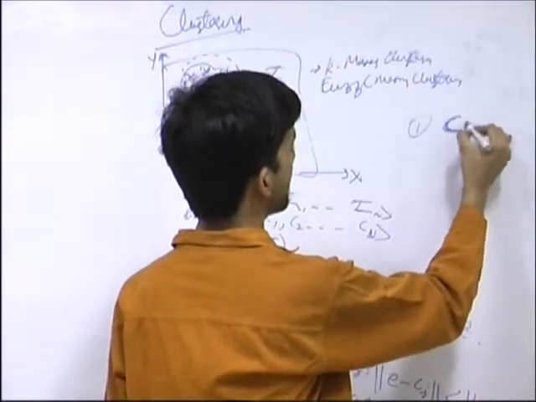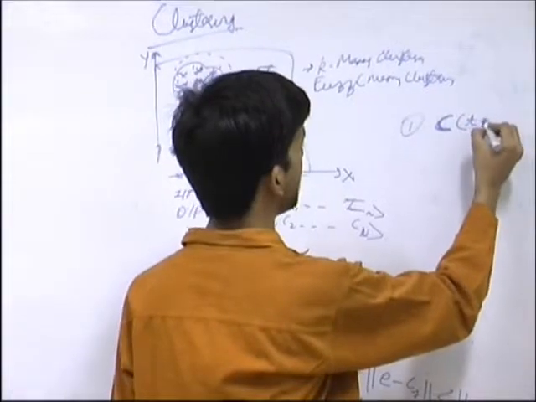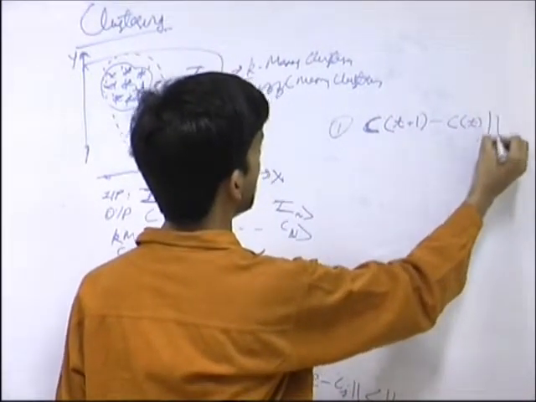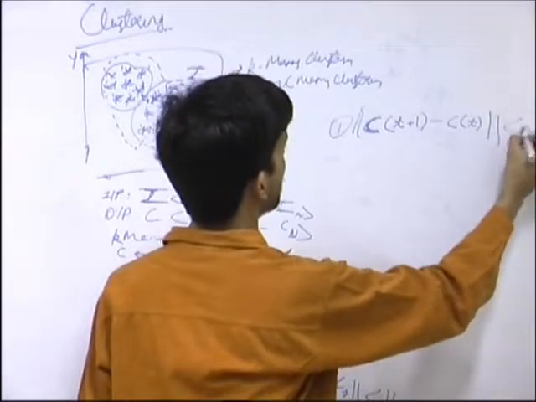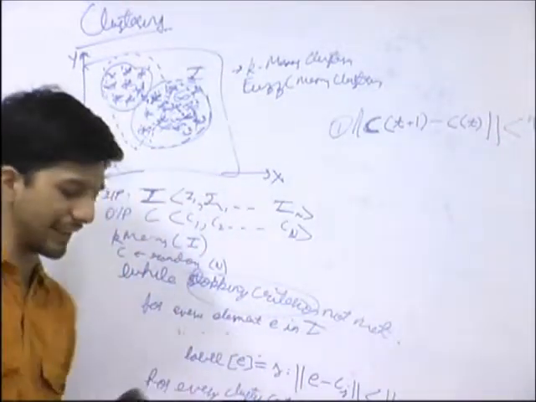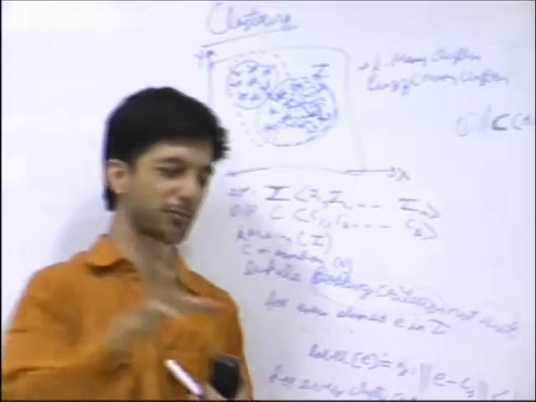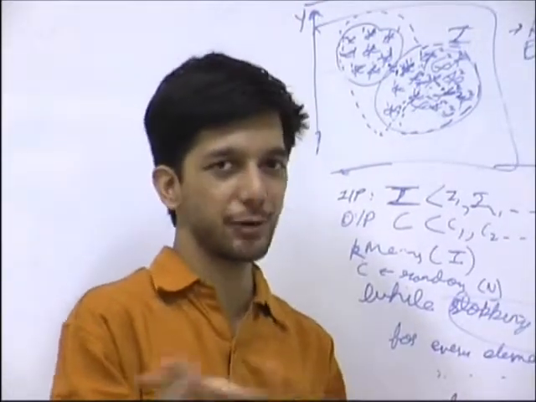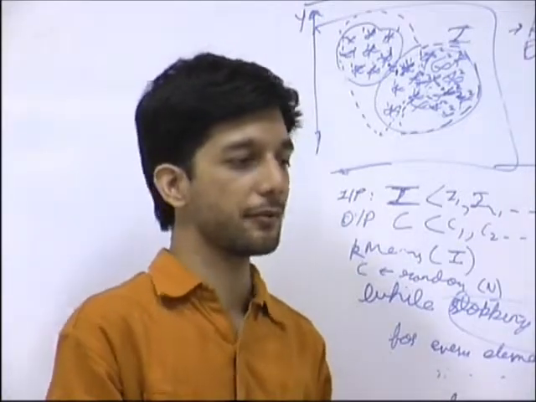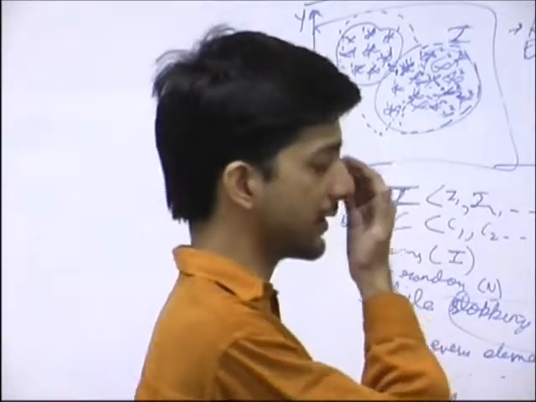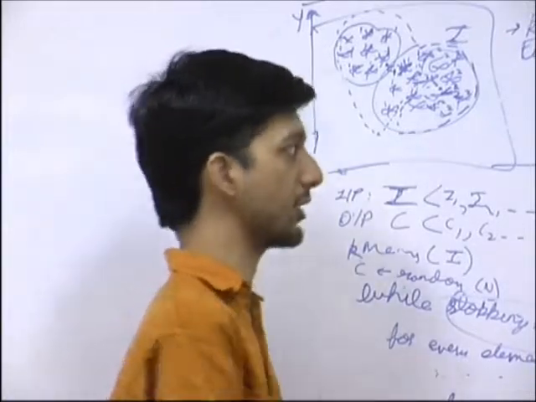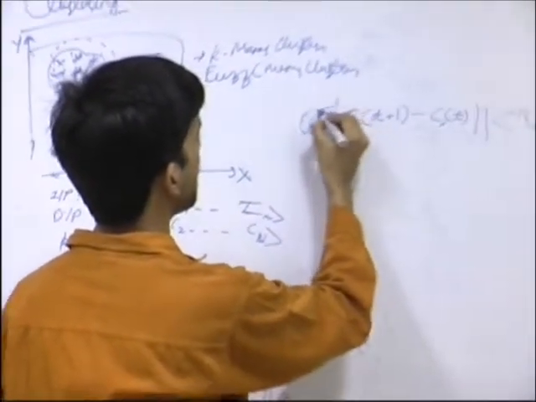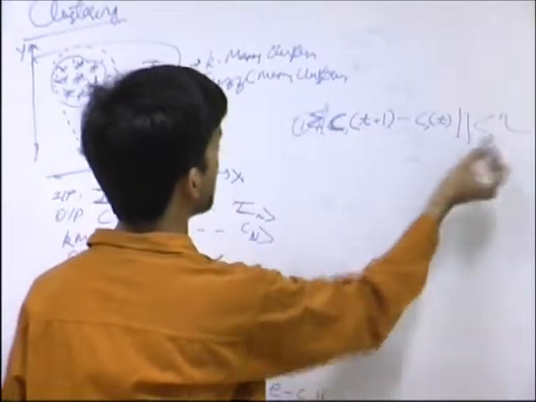Let me say the norm of C at time t plus 1 minus C at time t is less than a threshold value. So I can say that the cluster centers do not move at all. They've almost become stagnated. Eta is a very small value. So clusters are not at all moving in nature. Let me say it was Ci with a summation over here, the cumulative movement in clusters, if it is less than some eta value.